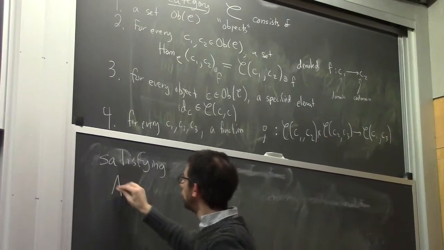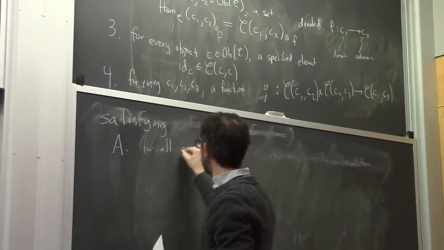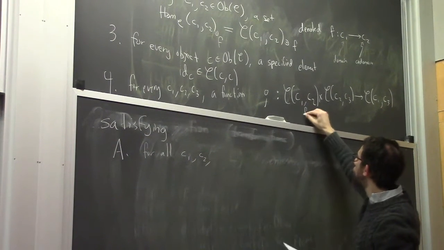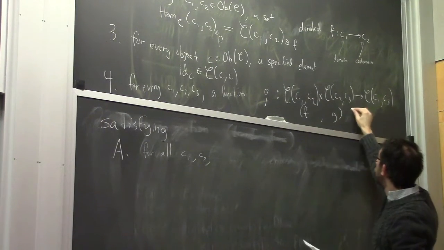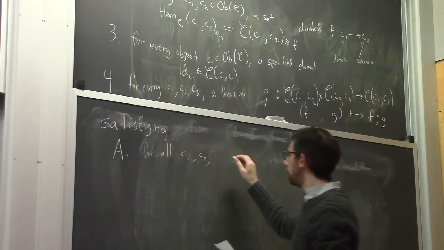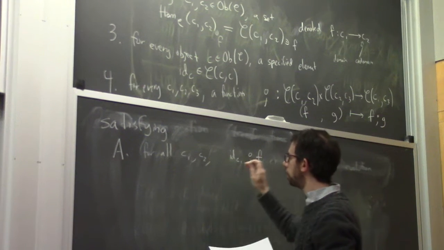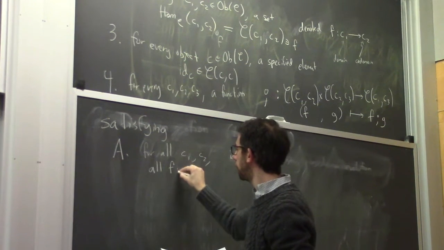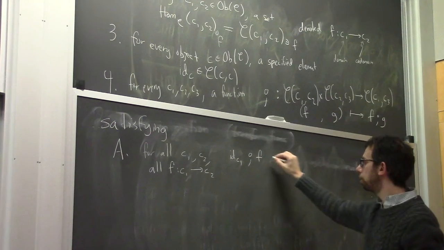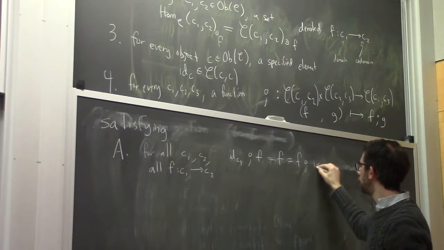Satisfying, one, for A, that for all C1 and C2, if I have F and G, then I write F fat semi G. For all C1, C2, and all F taking C1 to C2, ID C1 composed with F is F, and that's also F composed with ID C2.